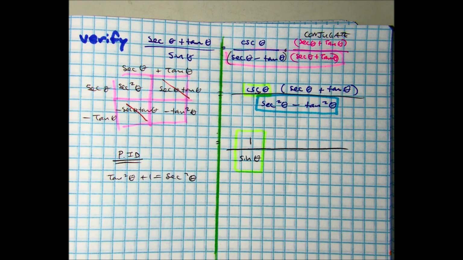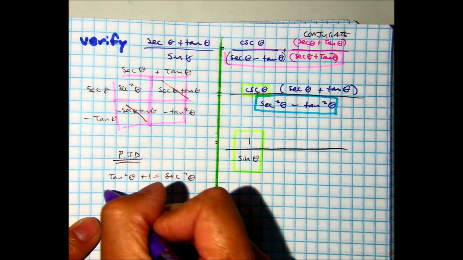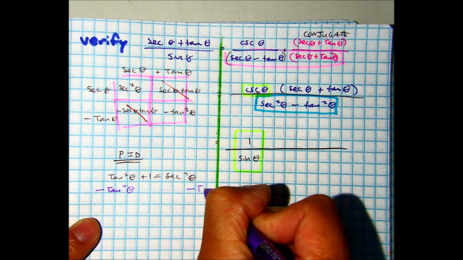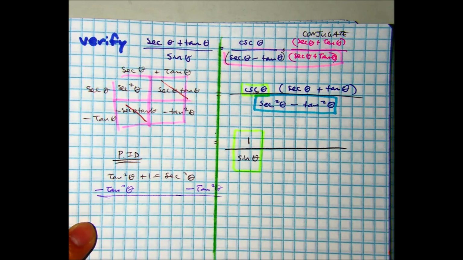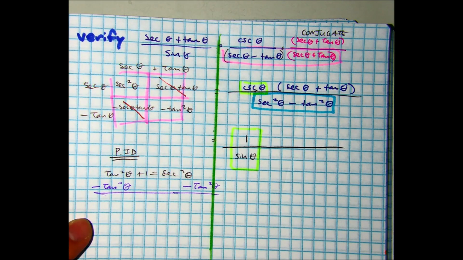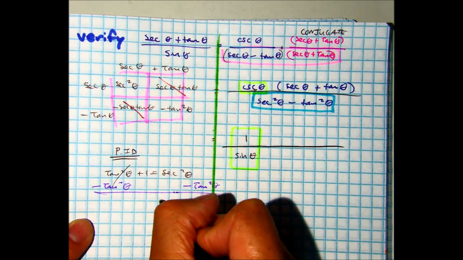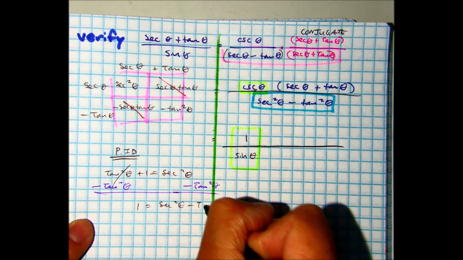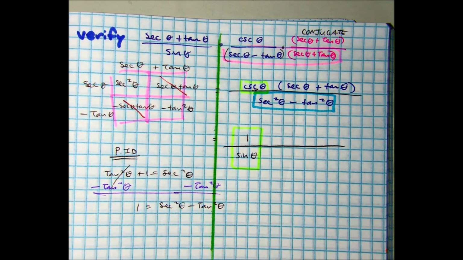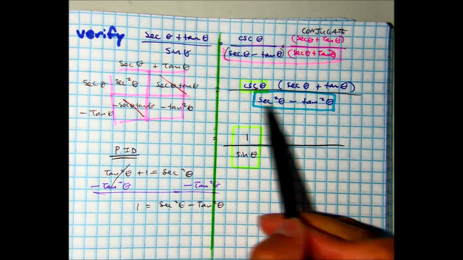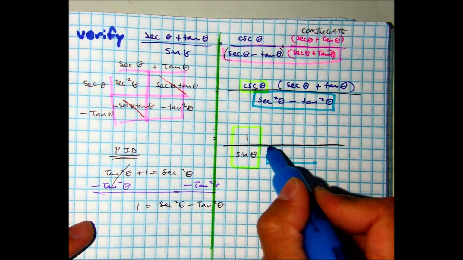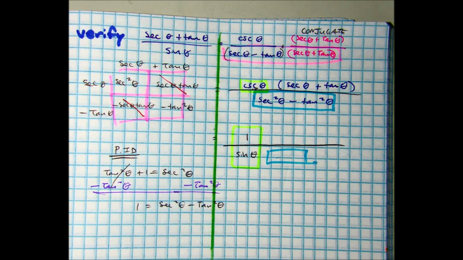Move the tangent. Mary Grace, what's left? So, Mary Grace, for all of this, what am I going to write? We're going to write 1.